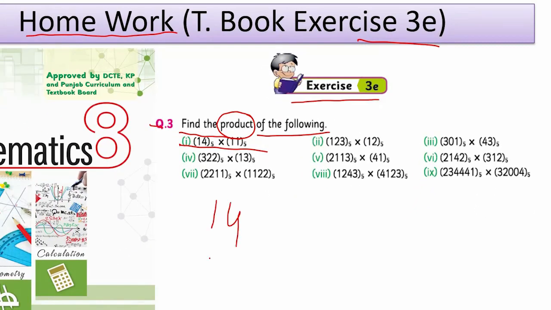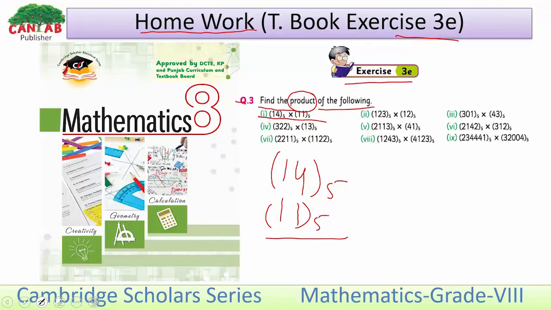1 4 1 1 with base 5 and then with base 5. So, we have 4 ones are 4 and 1 ones are 1, multiplication sign. Then 4 ones are 4, 1 ones are 1. So we have 4, all are with base 5.